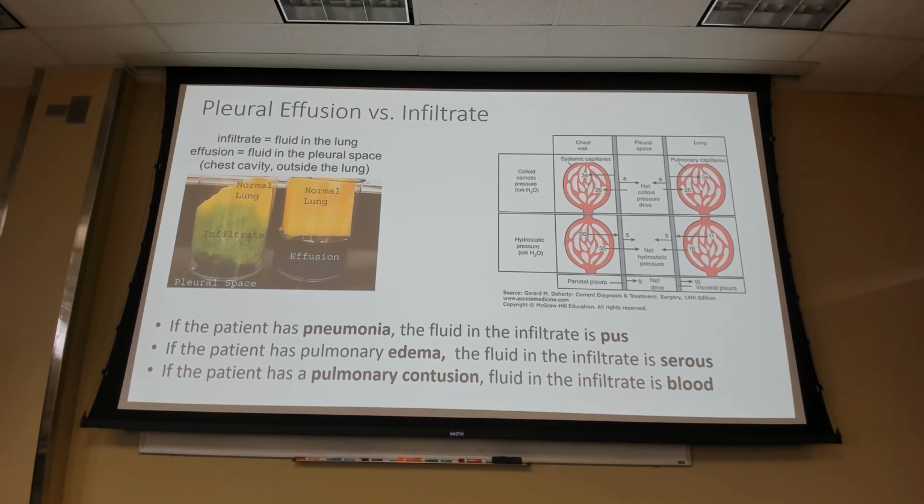But we need to ensure it's not an exudate. And so the way we do this is we draw fluid from that effusion, and we have to send it for a sample. And depending on the parameters there, when you have inflammation, which is typically from an infection, you're going to have a higher protein content in there because of the inflammation.